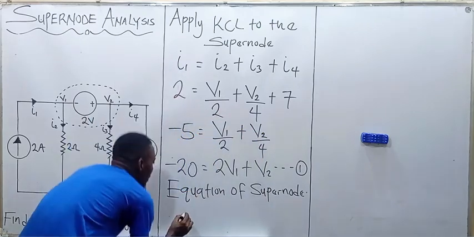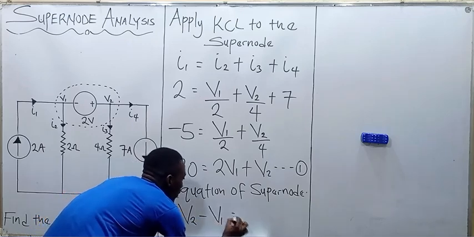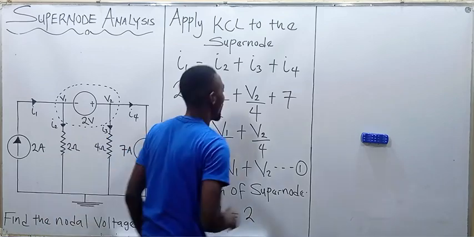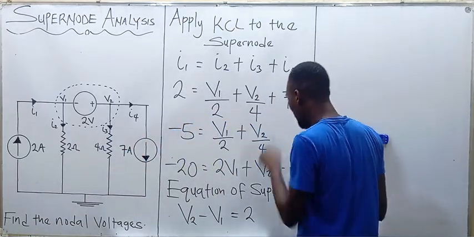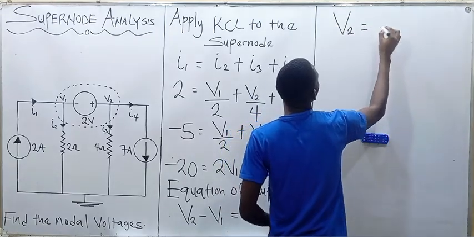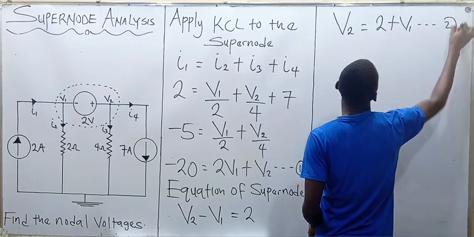So it's going to be V2 minus V1 equals 2. If we make V2 the subject, V2 will be equals to 2 plus V1. So this is equation number 2.